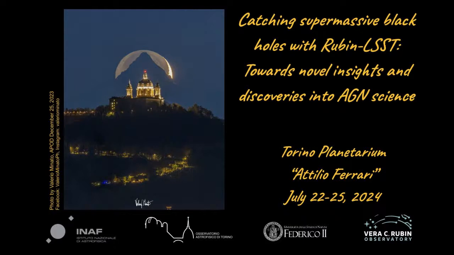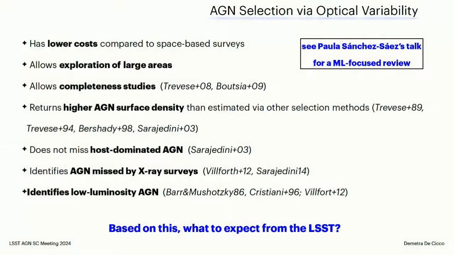And the first thing we should keep in mind when dealing with AGN selection based on optical variability is that it is an incomplete technique, as are all the techniques that we use for AGN selection. But let's focus on the good aspects, the advantages of using optical variability. I would like to stress the fact that you are able not to miss AGN that are host dominated by their host galaxy.